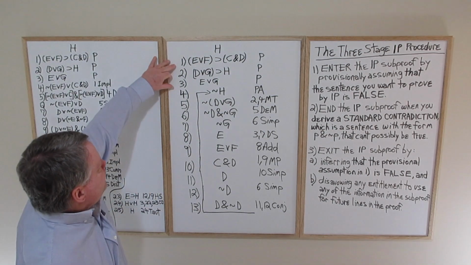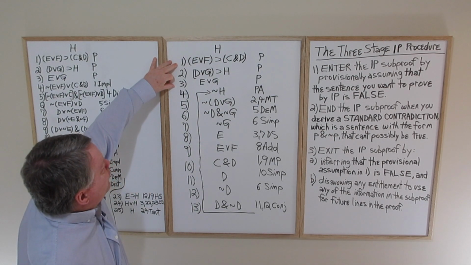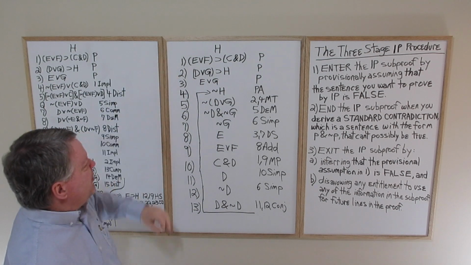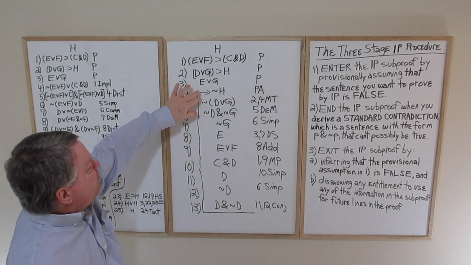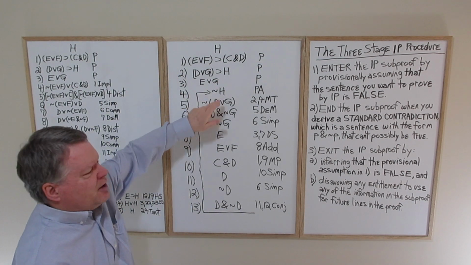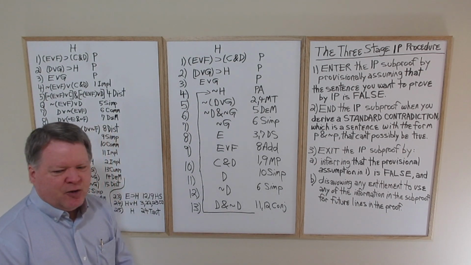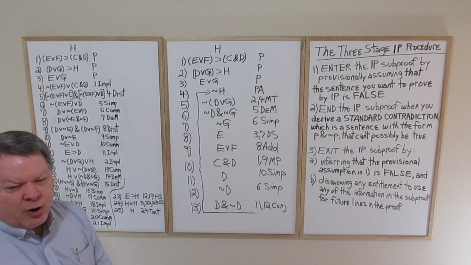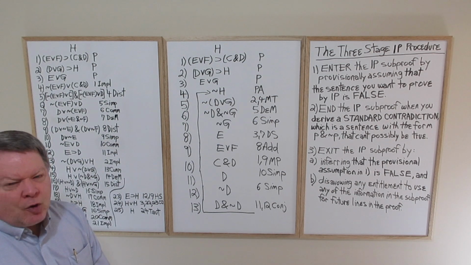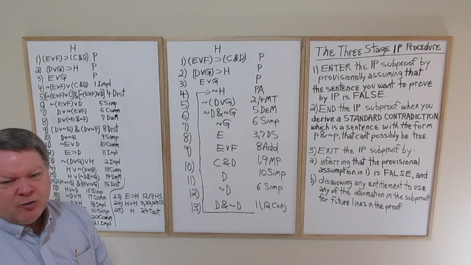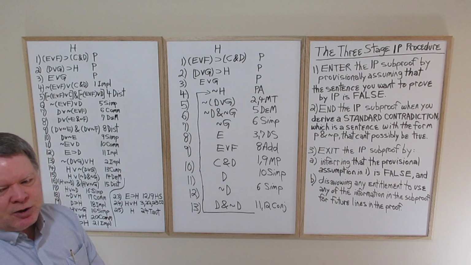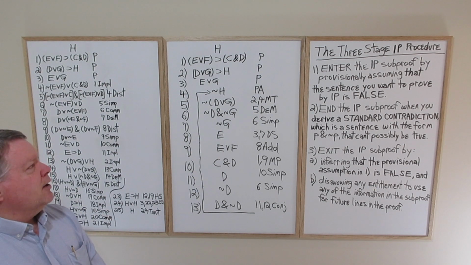So, assuming that the three original premises are true, if we assume that tilde H is true and end up being committed to the claim that a standard contradiction is also true, what's the only logical conclusion to draw from that?